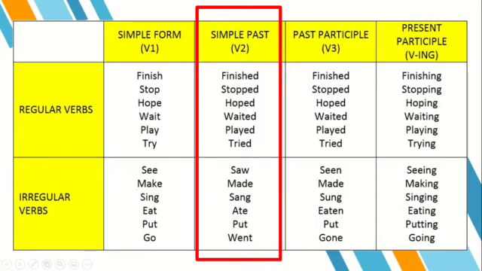Yeah, in English we call it sing, sang, sung. So it's just like irregular changing. And then eat, ate, eaten, and then put. This is the same, the second form and the third form. And then go, went, gone.